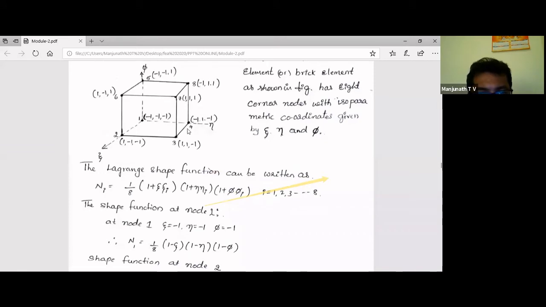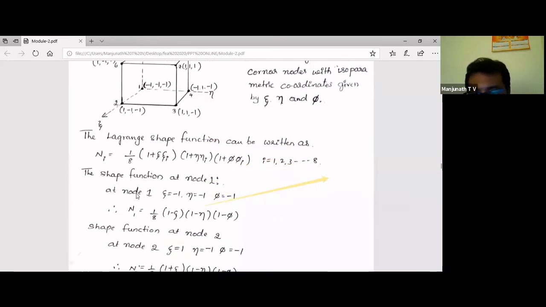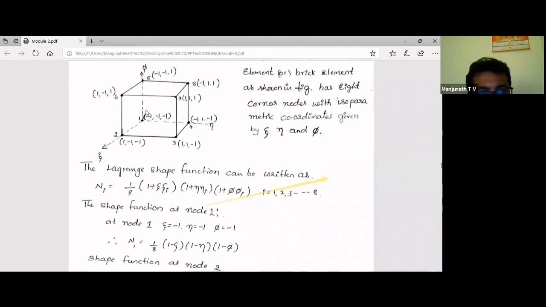By using these values, we can find the shape function at node number 1, node number 2, and so on for all 8 corner nodes. Now consider the Lagrange shape function, the equation to find the shape functions: Ni equals 1 by 8, (1 plus zeta zeta I). Here I is the node number, zeta is the value at the particular direction, and zeta I is the zeta value at the different nodes.